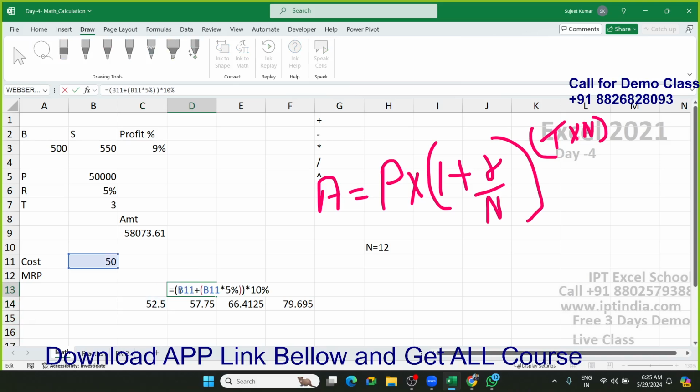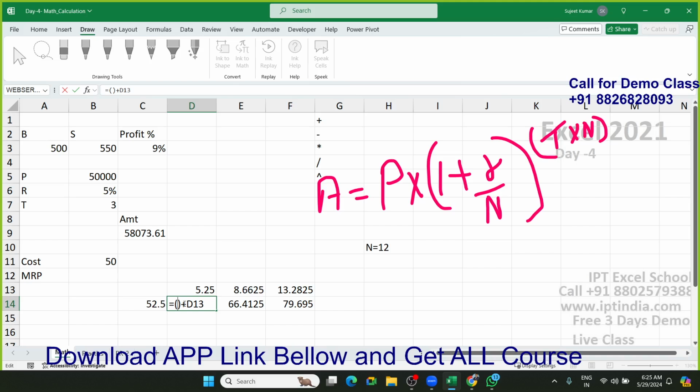So go to here, and in the bracket, delete the C14 and paste the formula of C14. Here also, remove C14 and paste the formula of C14.